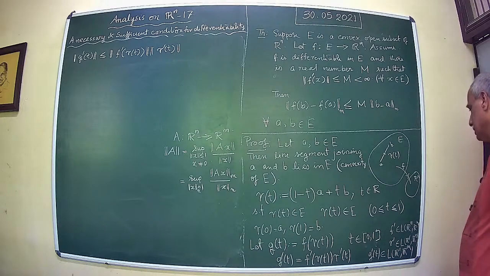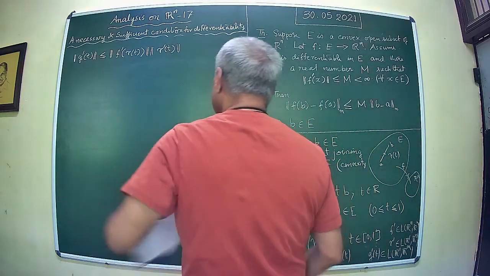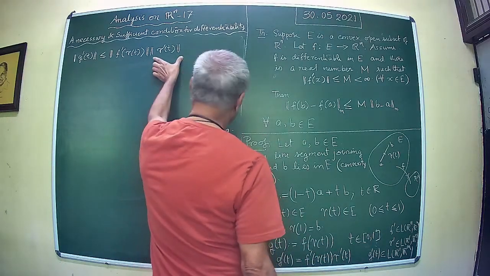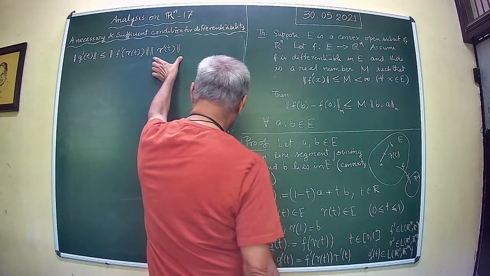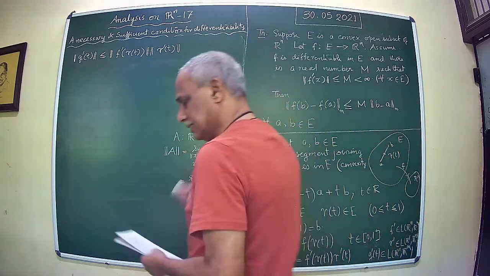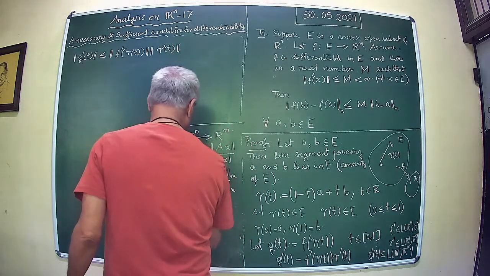So here this is a norm of an operator, and this is also a norm of an operator. So the appropriate definitions work for the norm. Right. So let us just keep it somewhere here for your reference.